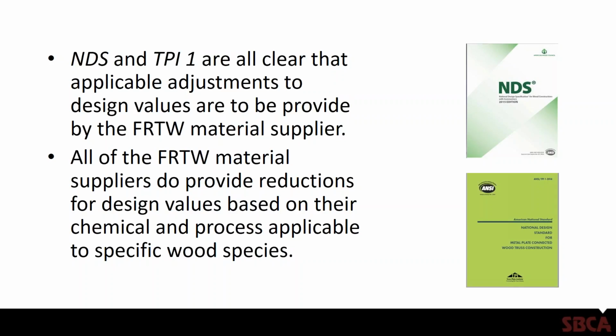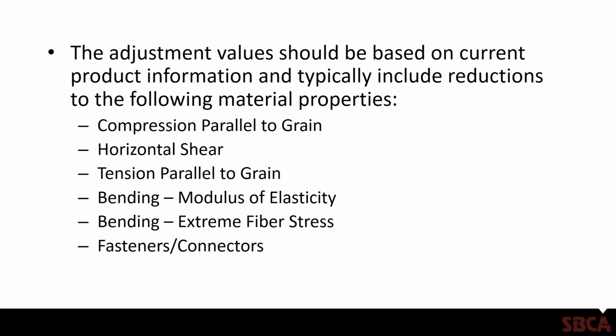And so it's that information that is going to be applied to the design values for the lumber to reduce those values to take into account the effects of the treating. And again, some of those properties that are typically affected would be compression parallel to grain, horizontal shear, tension parallel to grain, bending, modulus of elasticity, bending strength, and fasteners and connectors.